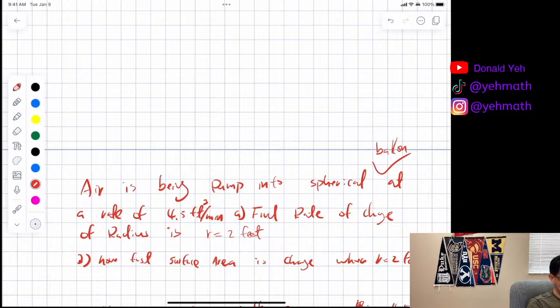So what's the equation for 4/3 pi r cubed? For these type of questions, a negative just means inverse. That was exactly the homework question, by the way.